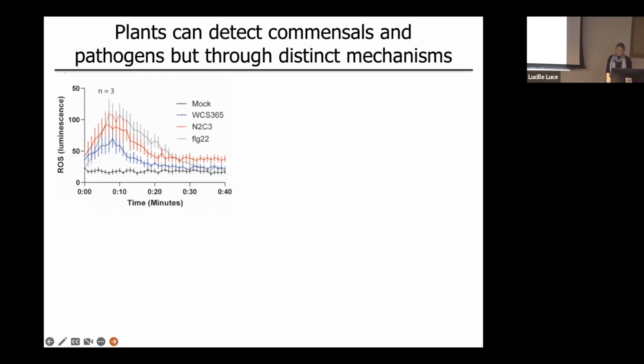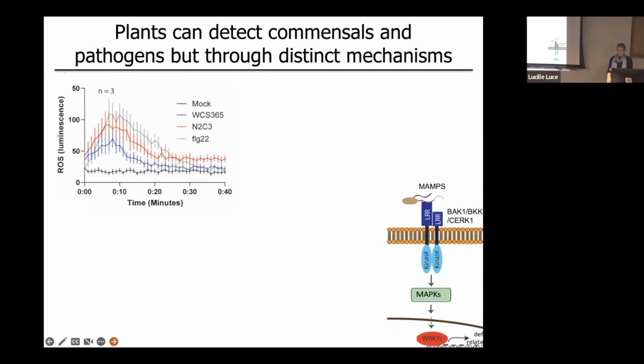And so David asked, are there any plant genes in sensing of MAMPs or damage that are responsible for this reactive oxygen burst? The idea is that if this is a MAMP response, like a response to flagellin, if you knock out components of PTI, and so we used a BAK1, BKK1, SERK1 triple mutant, which removes a number of co-receptors for MAMP and DAMP signaling, we can see if this response goes away.